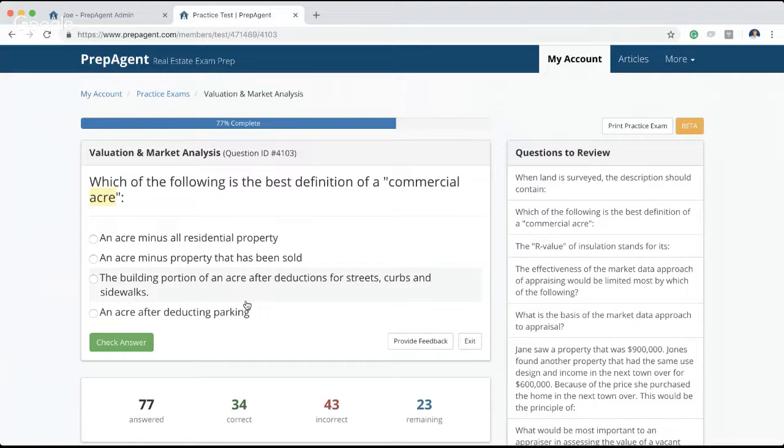And the answer is... what do you guys think? So first let me ask you guys, how big is an acre? Before I click on this answer, I would like you guys to tell me, how big is an acre?